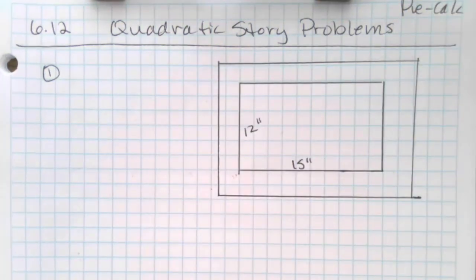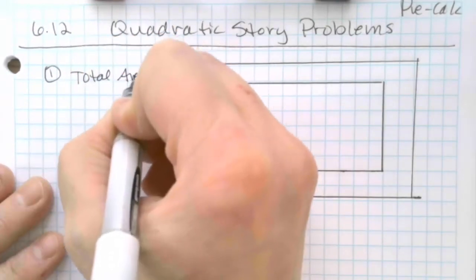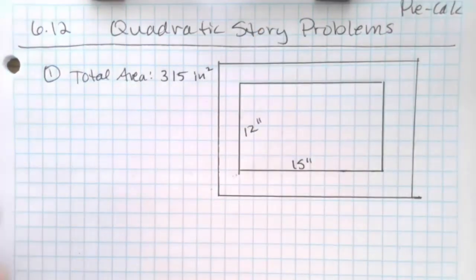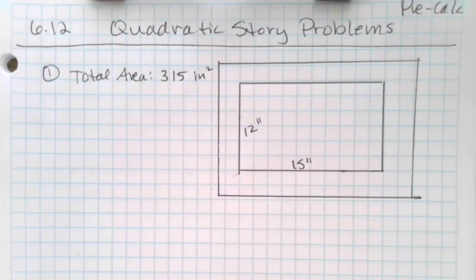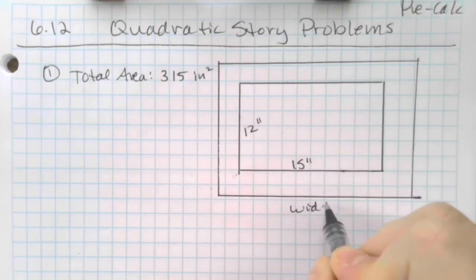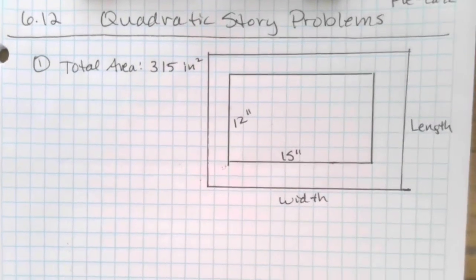And we know that the total area of the frame and the photo is 315 square inches. So we're trying to figure out what the outer dimensions of the frame should be. So we're looking for the width and the length, or the length and the width, doesn't matter.